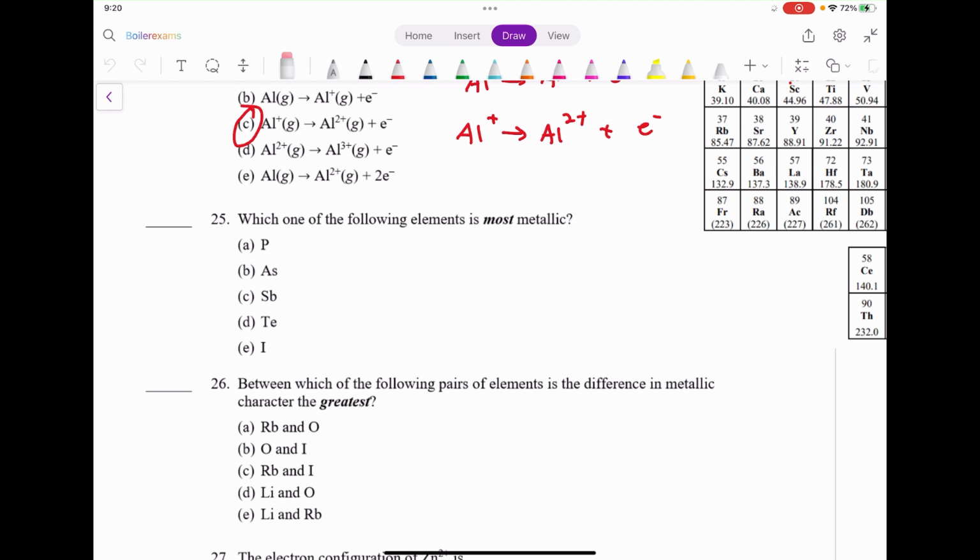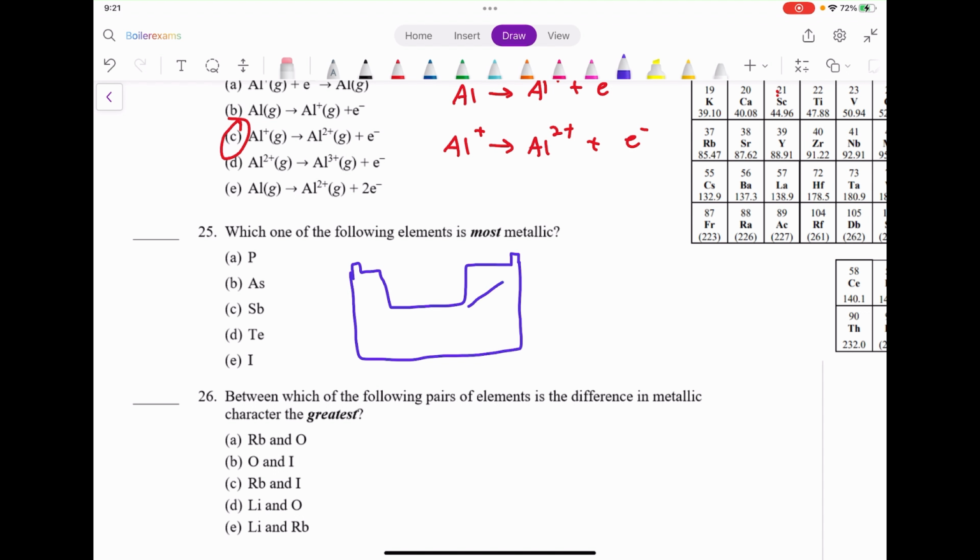25. Which one of the following elements is most metallic? So, here is my periodic table. Something like this. And I know metallic character just trends this way. And it makes sense if you think about it.